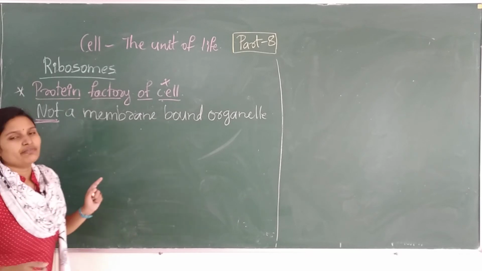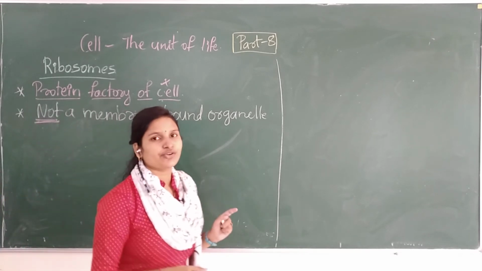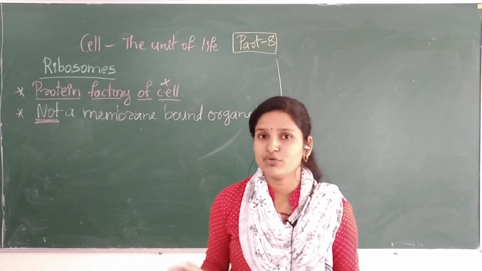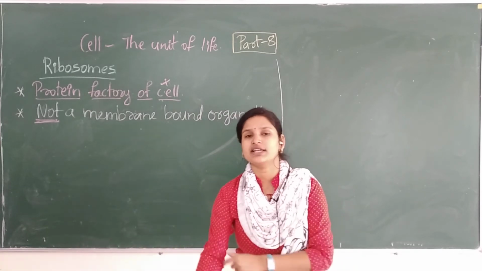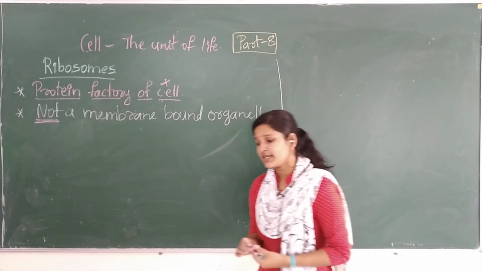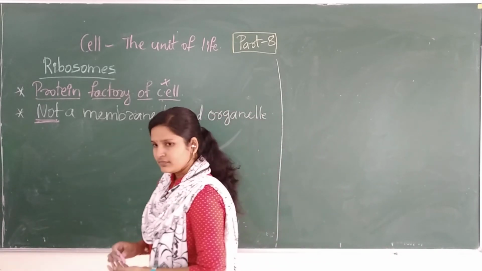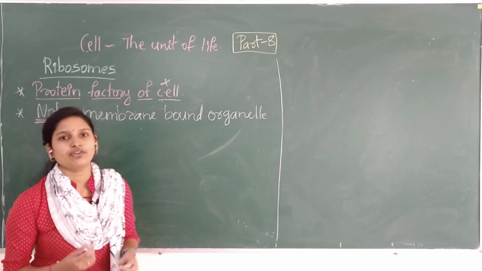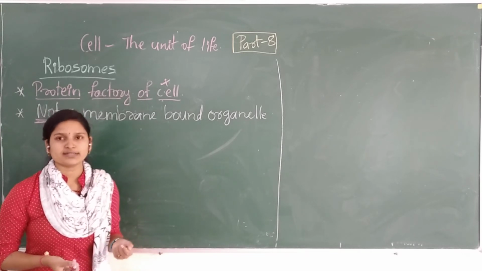So tell me, while reading about endoplasmic reticulum, we have read about ribosomes. If the ribosomes are present on the surface of the endoplasmic reticulum, what do we call it? Very good. And what is the function of rough endoplasmic reticulum?